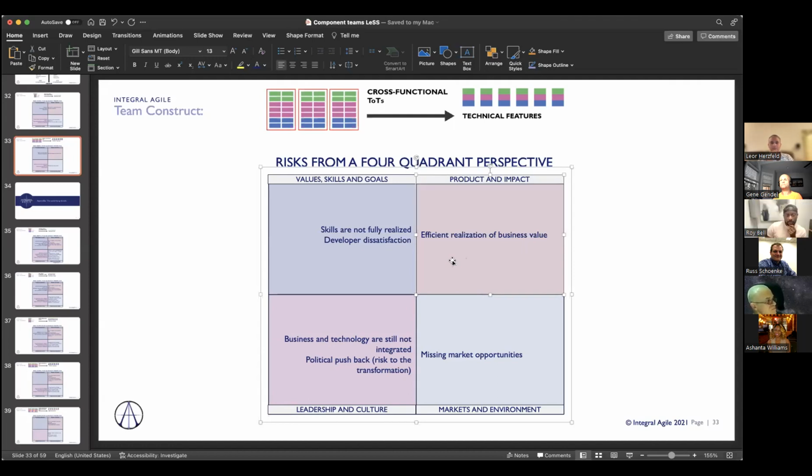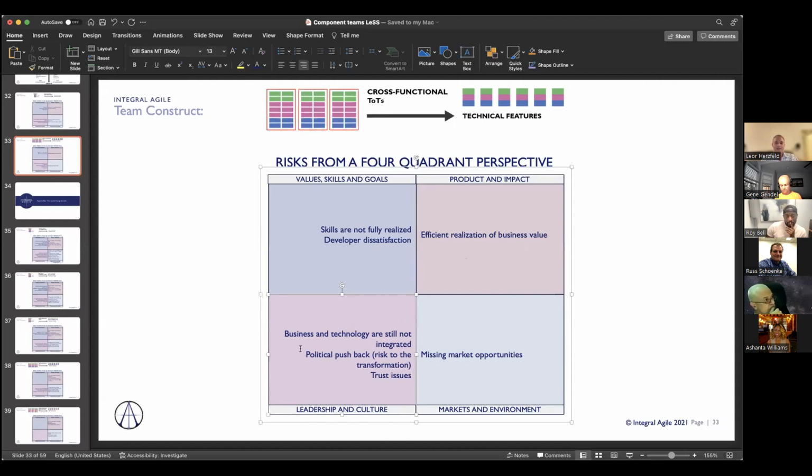I would say in the top left is still trust and transparency issues. Well, actually, wait, can't trust by yourself. Yeah. And where would transparency go? Not here.